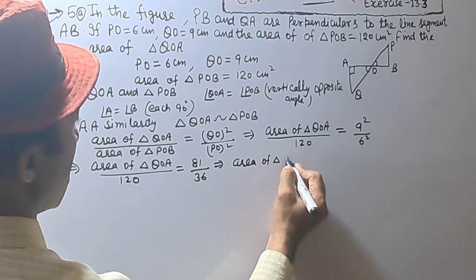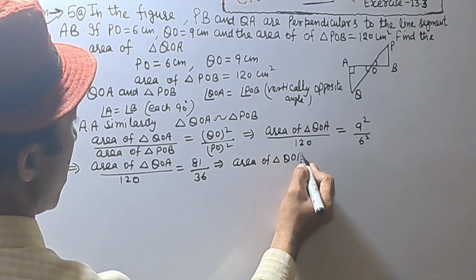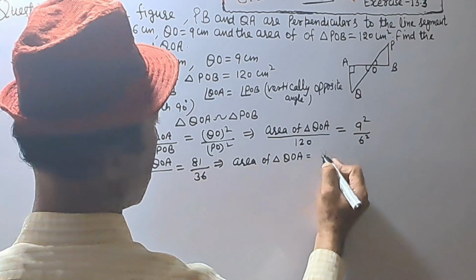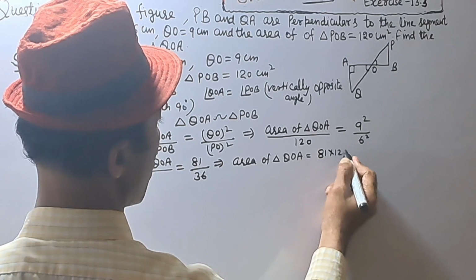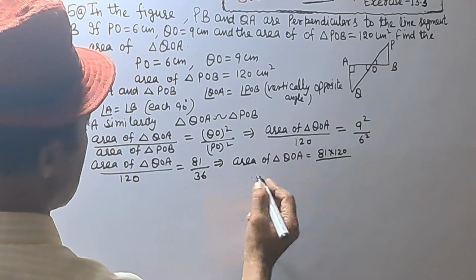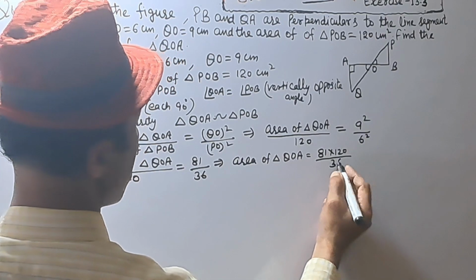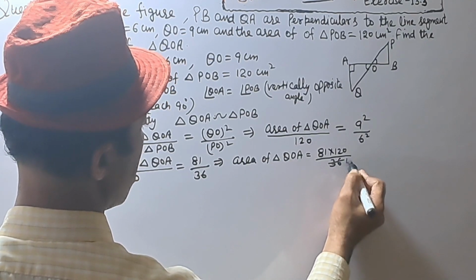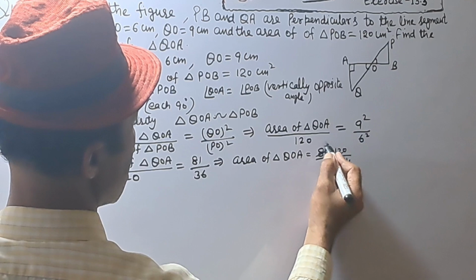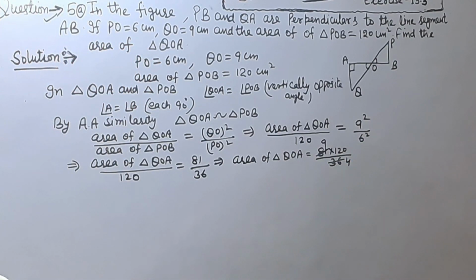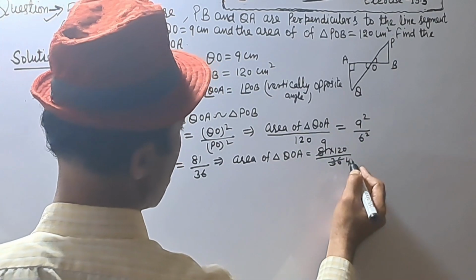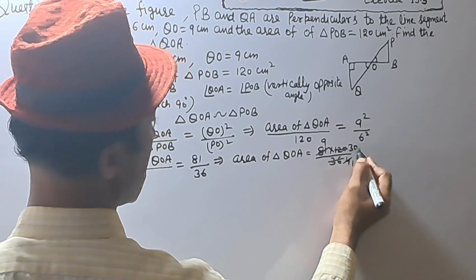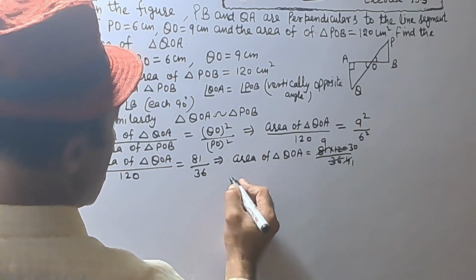Area of triangle QOA is equal to 81 into 120 divided by 36. 9 4s are 36, 4 ones are 4 and 3 4s are 120.